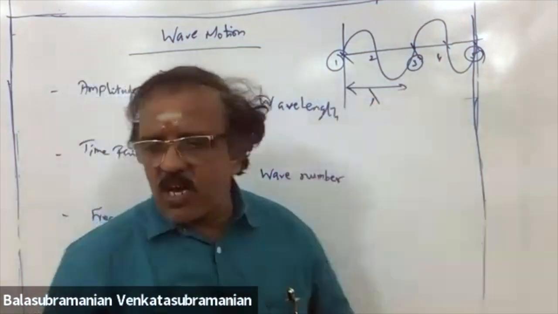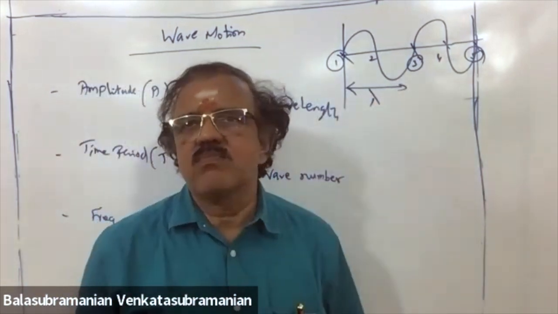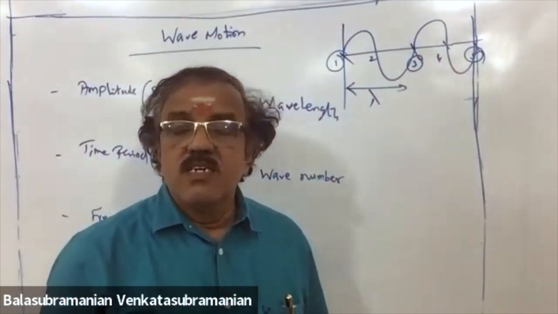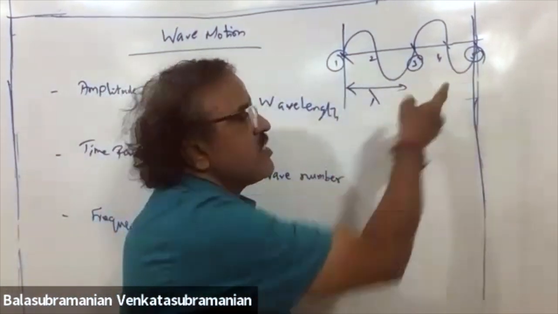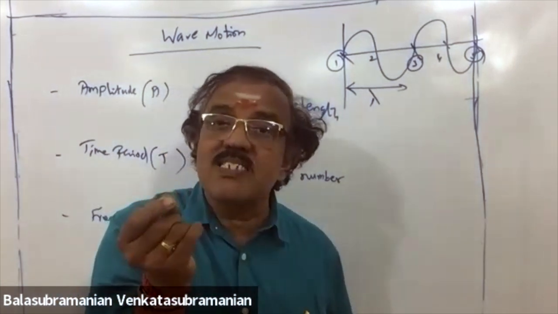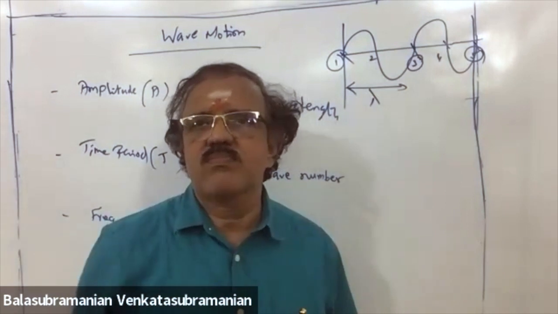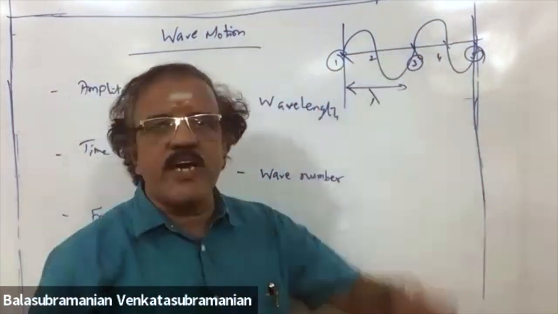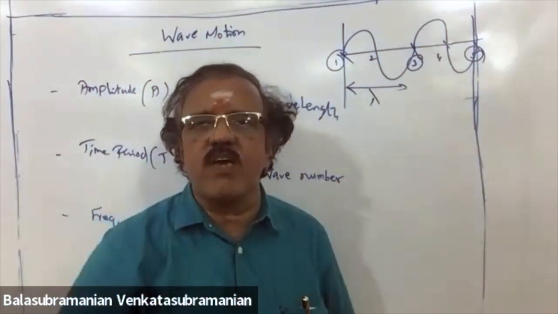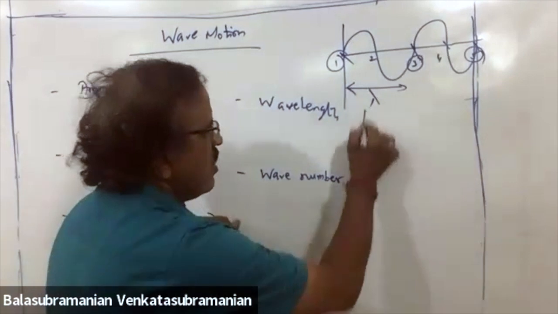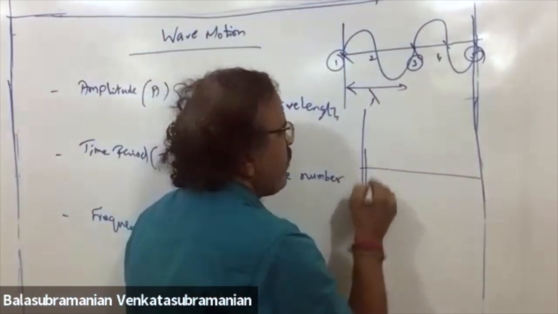Particles 1 and 3 are in the same state. Particles 3 and 5 are in the same state. Sir, particles 1 and 5 are also in the same state. Definitely they are in the same state, but the distance between two consecutive points which are in the same state of vibration only we call wavelength. Compression, rarefaction.